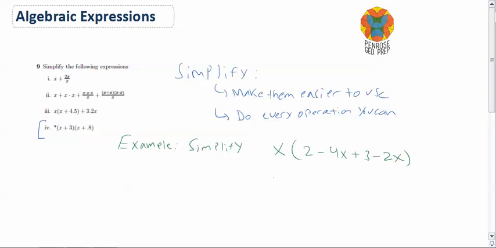So we need to do all of the operations we can, and inside these parentheses we only have addition and subtraction. And we can only add and subtract like terms. So let's try to find some like terms. 2 and 3 are just both numbers with no variables involved, so these are like terms. So we've got x times, we need to add 3 to 2, and when we take 3 plus 2, we get 5.